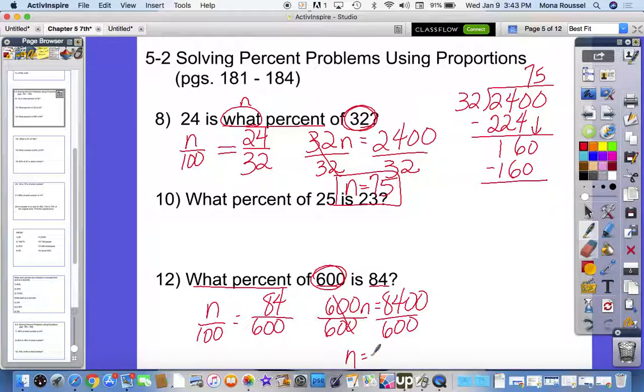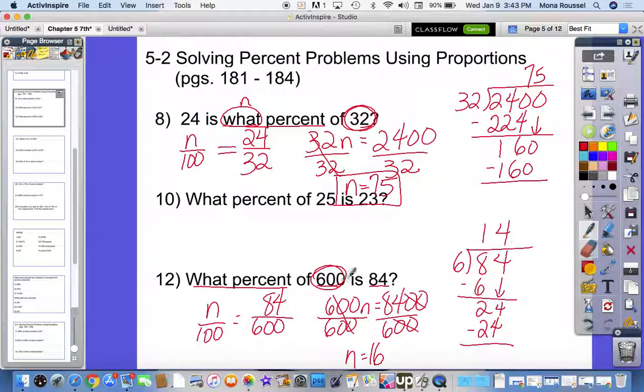To divide 8400 by 600, we can cross those zeros out to give us a little head start, because those would cancel each other out, and divide 6 into 84. So the missing percent would be 16. So 16% of 600 is 84.